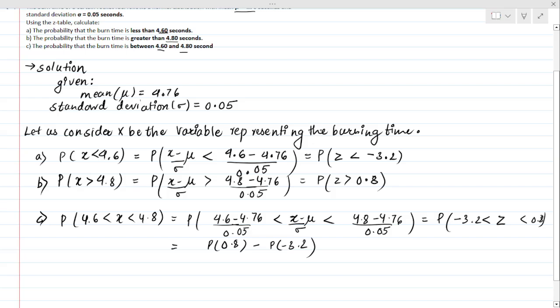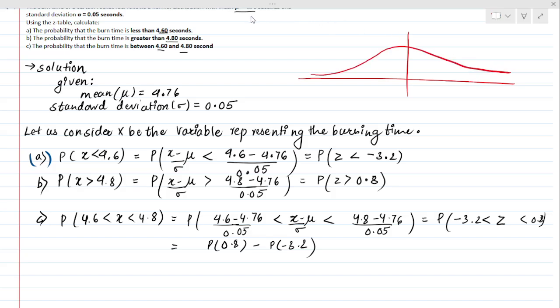Now I'd like you to see what this means in a z table or a graph. Let's say that we have the normal distribution. I'd like to draw the normal distribution. Very sorry.